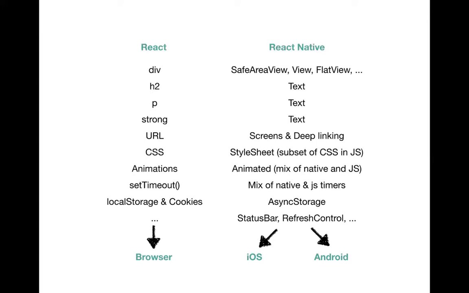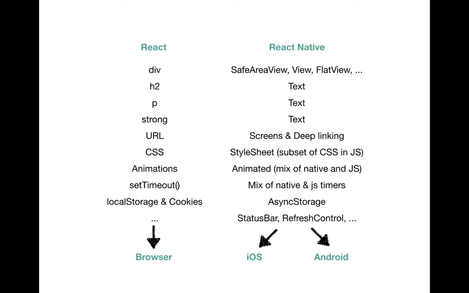Safe area view, for example, when you want your view to render in places where the user can actually see something, because some devices don't have 100% of their screen available for rendering. For example, you can have a selfie frontal camera or something else.